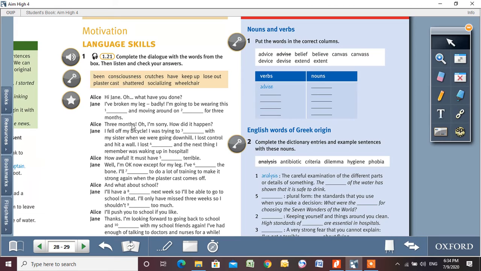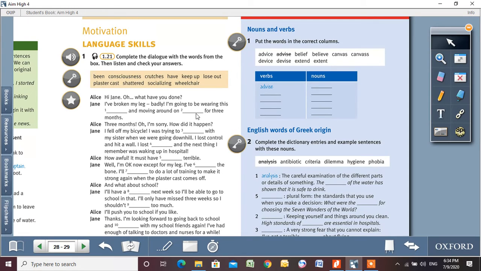Okay, now let's check the answers. Number 1. I've broken my leg badly. I'm going to be wearing this, of course, this plaster cast, and moving around on crutches for 3 months.